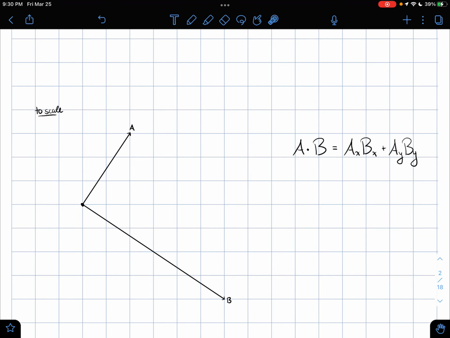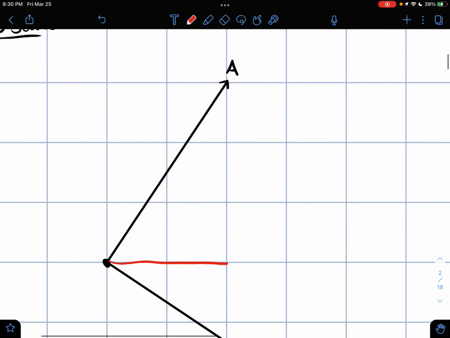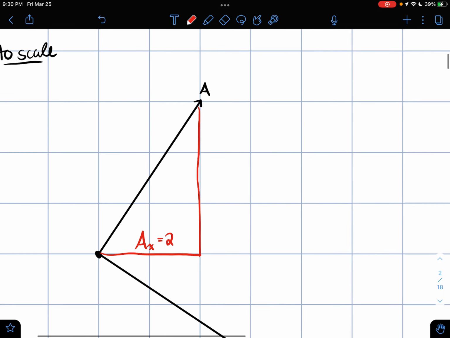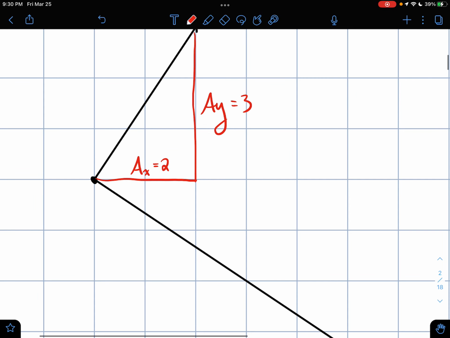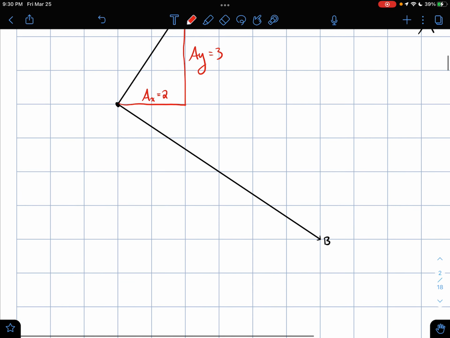So A, I'm going to break into X and Y components. And I said this one's to scale, so this one's designed to be counting the squares. So for this one, my AX is 2. My AY is 3. Now I'm going to do the same for my B vector going down this way.